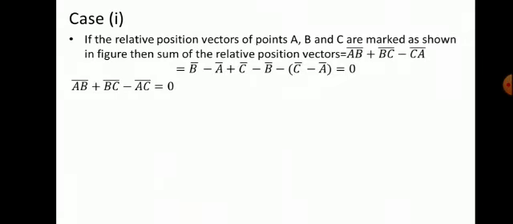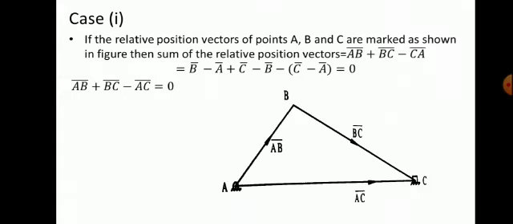Here they have written AC. Minus of CA is equal to minus (A minus C), which is C minus A. So C minus A means AC is equal to 0.